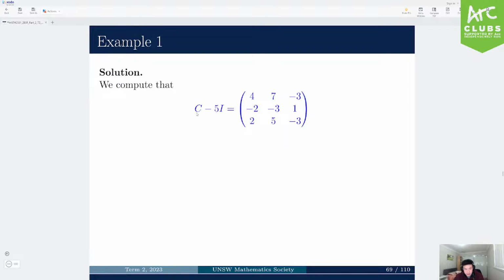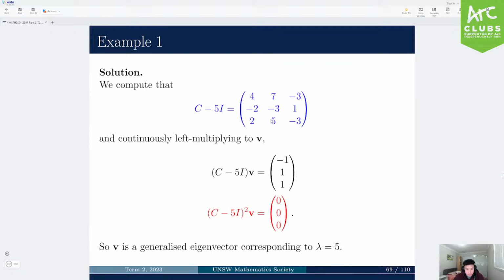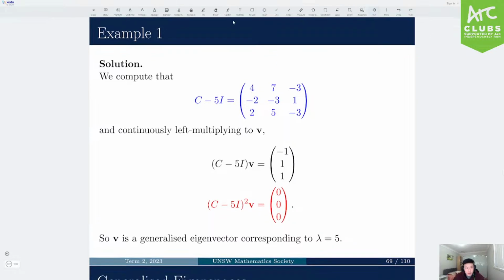We start with looking at C minus 5I, and we multiply that with v. If we multiply C minus 5I with v, we get 1, minus 1, 1, 1. So that's clearly not the 0 vector, so we have to multiply by C minus 5I squared and check if that is going to get you the 0 vector.